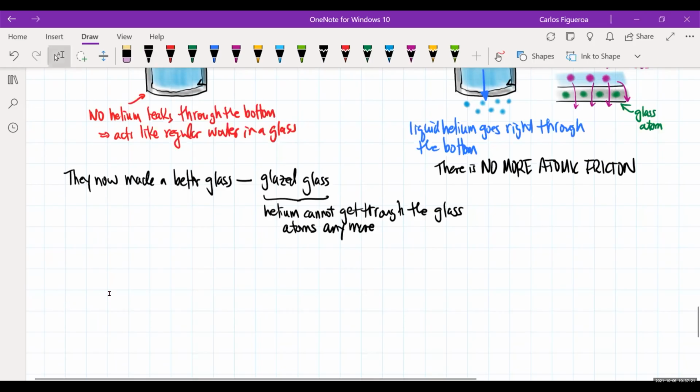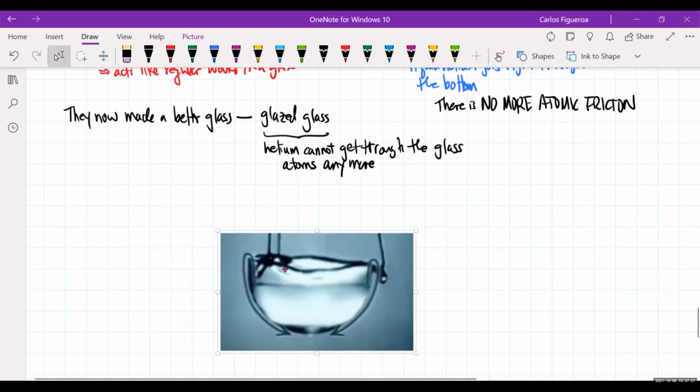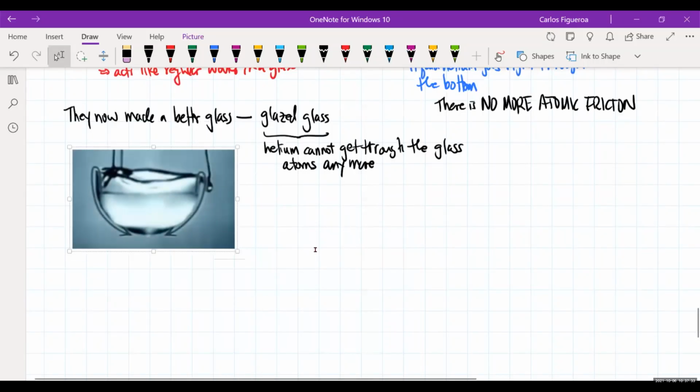So look what this thing does, which is insane, like literally insane. And this is why people love this stuff, because it is so interesting. So now this is a glazed glass. Guess what the liquid helium does? Because it lost atomic friction, there's no more friction that can hold it down. It actually climbs up the glass. Not leaking, but climbing the walls.